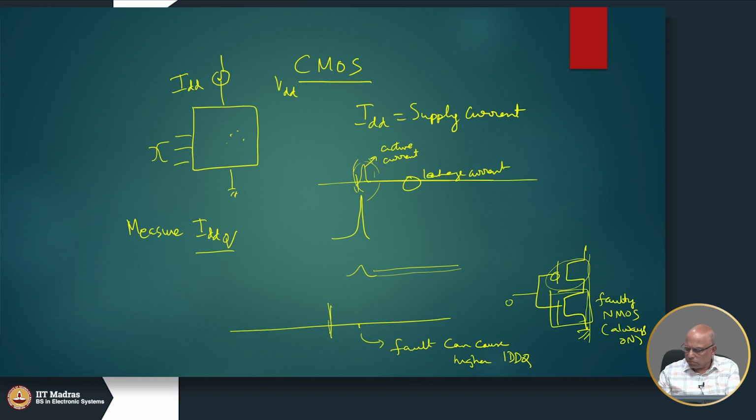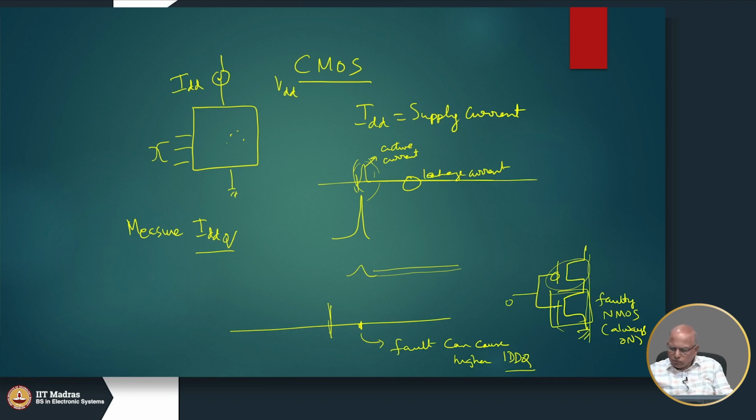So the IDDQ value will be higher, so it will jump somewhere here. It will be limited by the resistance of this. They will have some resistance, right? Even the permanently on transistor will present some resistance. Similarly, the PMOS transistor, when it is on, will present some resistance.